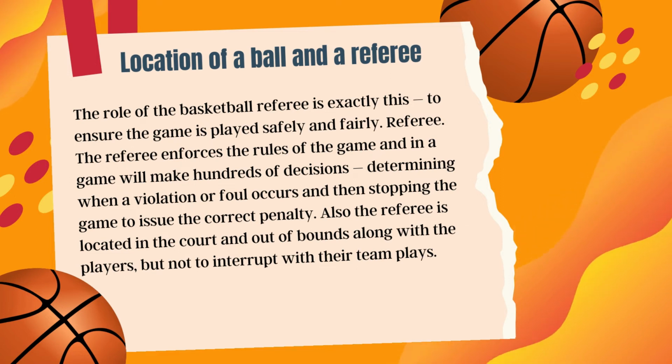This creates a triangle coverage of the court. Often, the lead will switch sides of the baseline during the play, requiring the trail to move down to the level with the free throw line and become the new center, while the center will move up and become the trail.